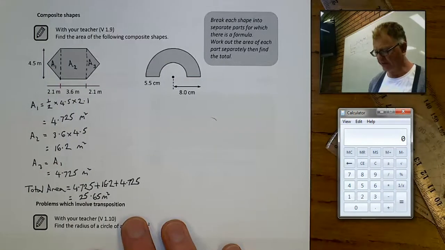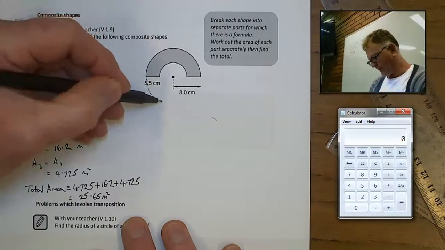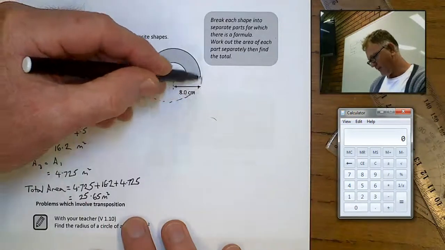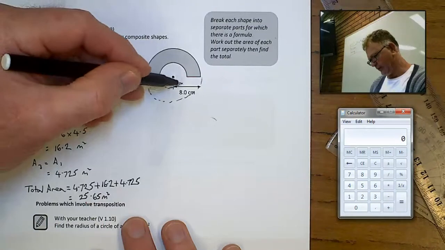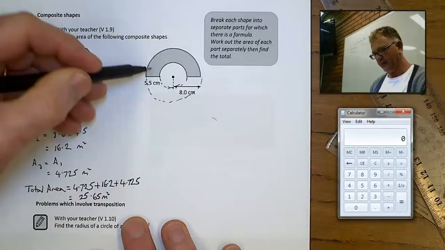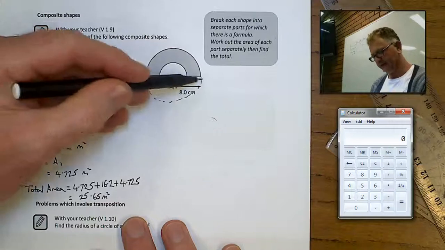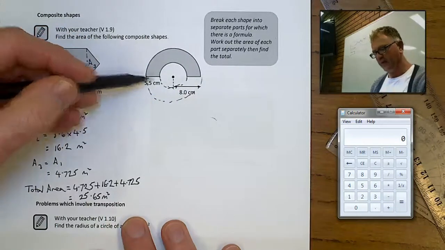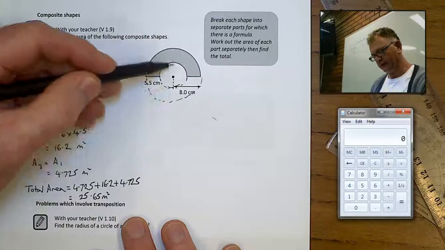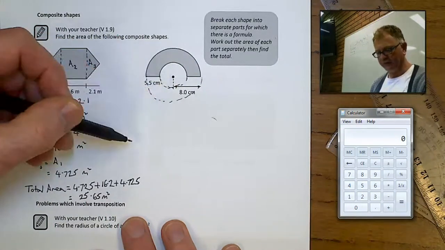Now the next shape is a little bit different, and there are several ways of going about it. One way I'd like to think about this is this. Can you imagine if this was a full circle with another full circle here which is taken out from it? One way we could work it out is work out the area of this total full circle and halve it, then work out the area of this small circle and halve it, and then take away the two areas that we've got.